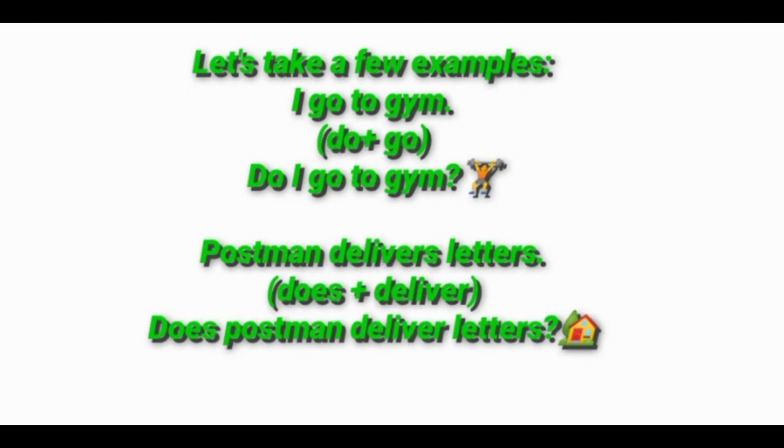Let's take another example. Postman delivers letters. Here, postman is the subject, delivers is the main verb and letters is the object. So what we have read, that with he, she, it and other singular nouns, we will use does. So postman is from the he group and it is also a singular noun, so we will use does here. And since delivers is the main verb and we are using does, we are not going to write delivers.